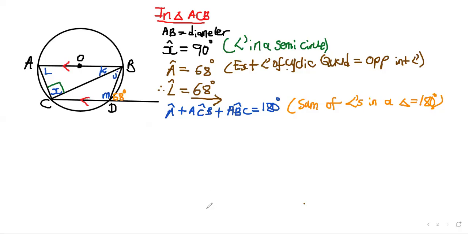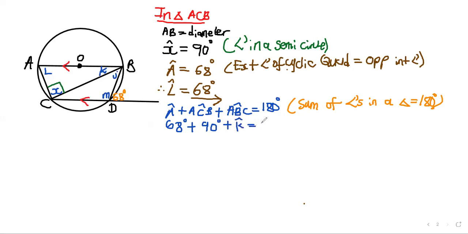Sum of angles in a triangle is equal to 180 degrees. Then from there, the next step, that's when you substitute, right? As we substitute now, we know that our angle A, we got 68 degrees. So you can consider writing 68 degrees plus our angle ACB, we got X being 90. So you're going to say 90 degrees plus our angle ABC is represented by small letter k.